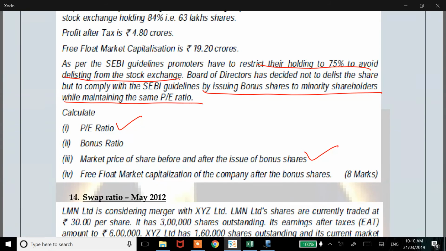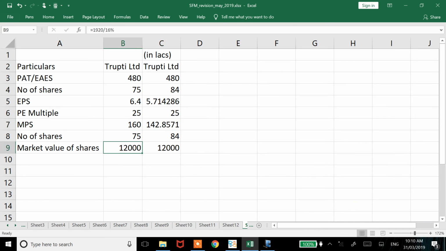Any doubts on this? Next, free float market cap after bonus issue equals 12,000 into 25%. Indirectly promoters are losing something and the minority shareholders are gaining. Practically this will not happen because you will end up selling the shares.